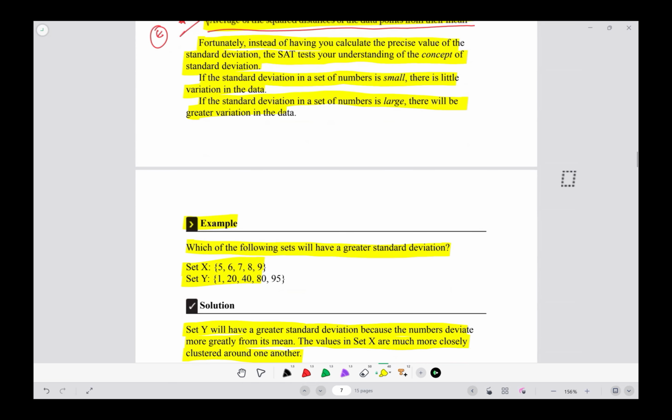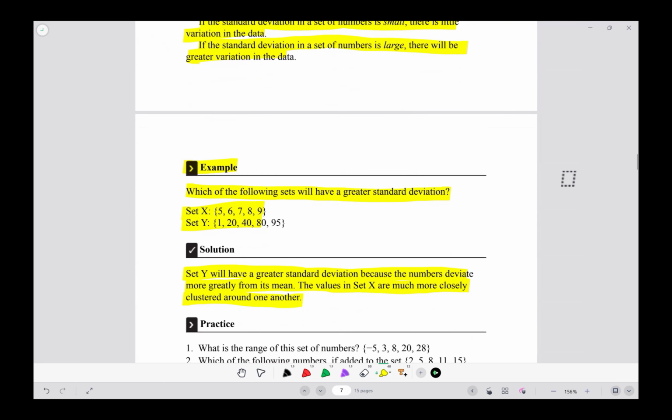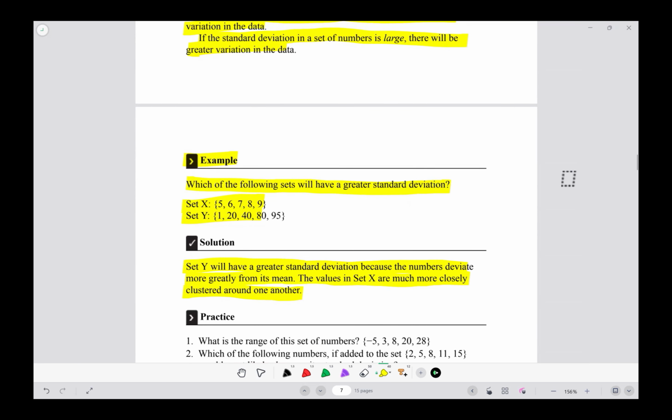But they're not asking you to get the exact answer. You just need some conceptual understanding so that you can draw an intuition, look at the data set, and tell which one will have the greater standard deviation.